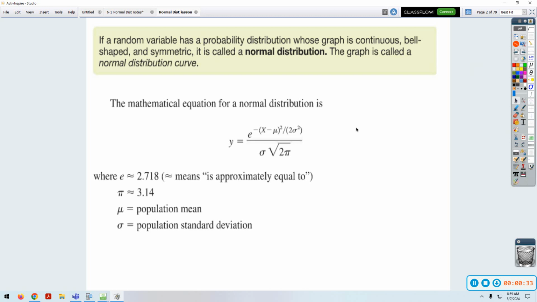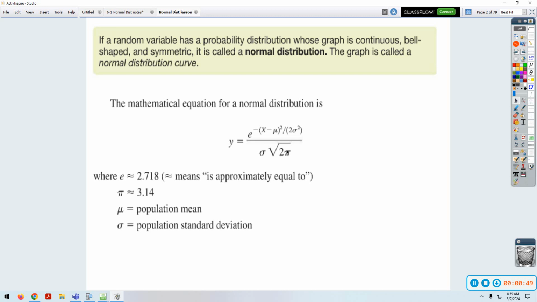If we were doing this by hand, without the calculator, we would have to input the mu, which is the population mean. We'd have to input the standard deviation, which is sigma.